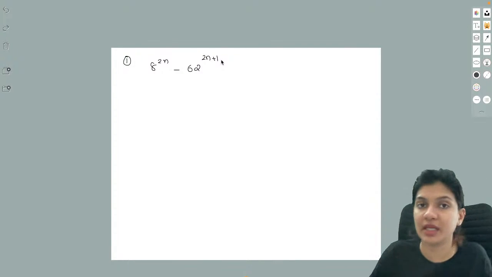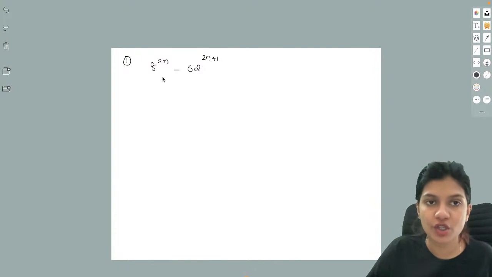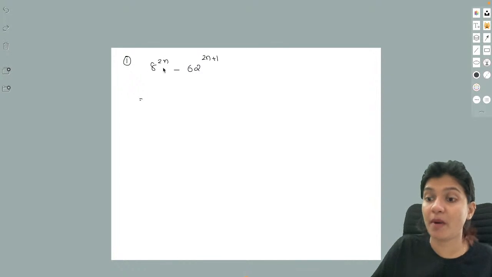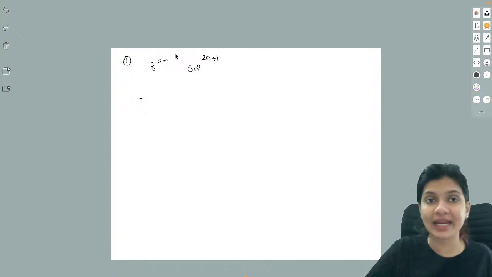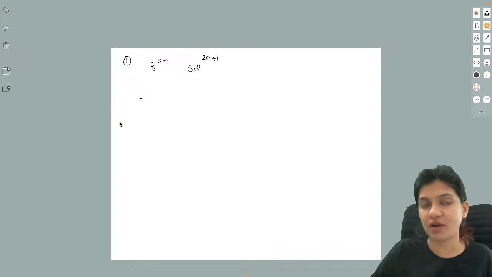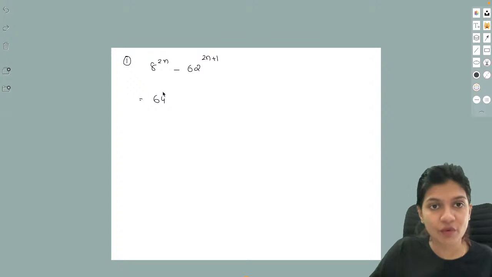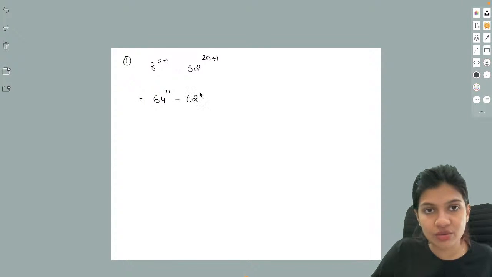What will be the remainder? 8 to the power 2n we can write as 8 square to the power of n. What is 8 square? 64. So 64 to the power n minus 62 to the power 2n plus 1.